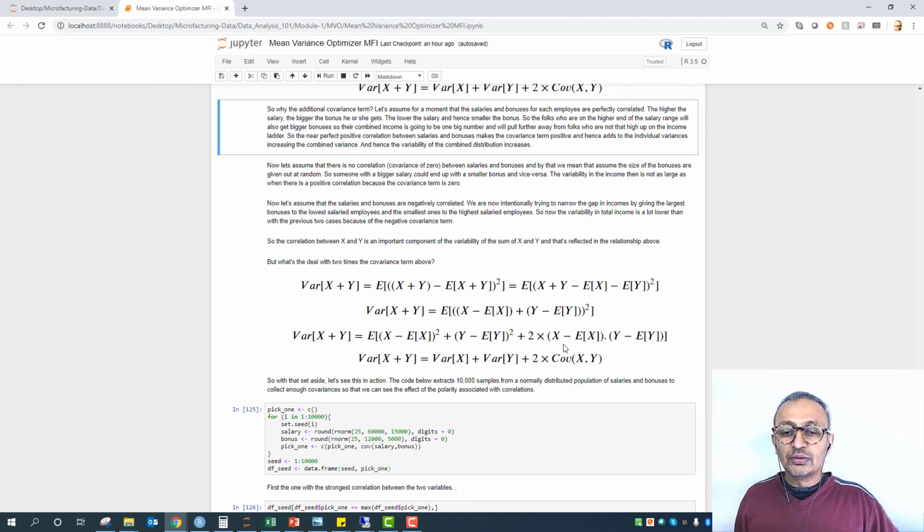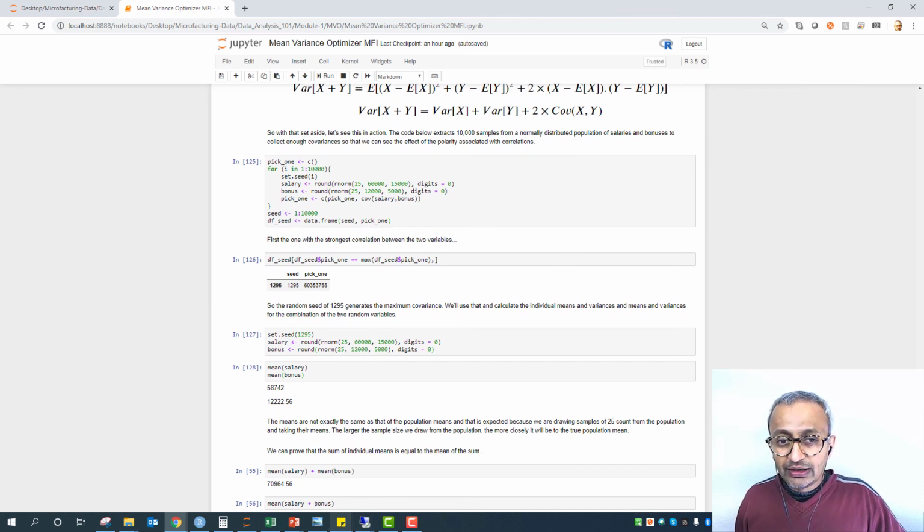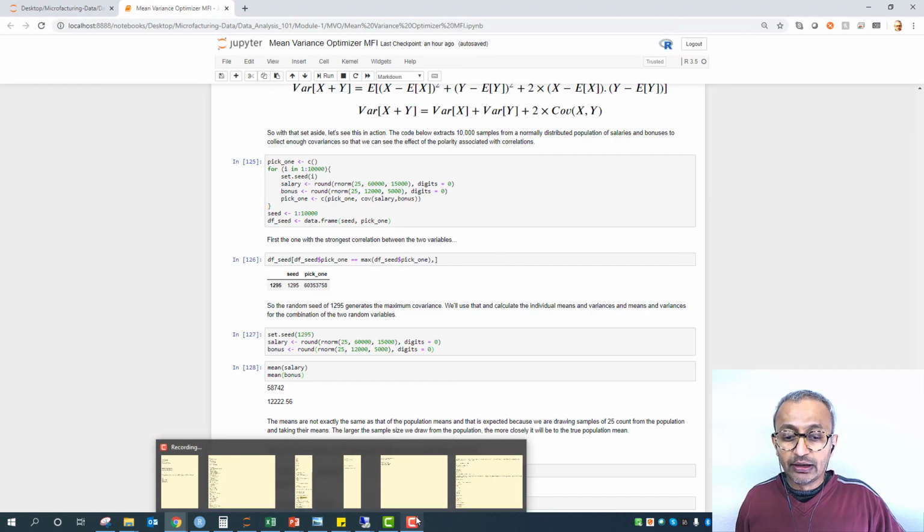And that's where the number 2 comes from, okay? And x minus E(x) squared is basically the variance of x, likewise the variance of y, okay? And this is the 2 times covariance term, okay? So pretty simple. Okay, so let's see this in action in the next video.